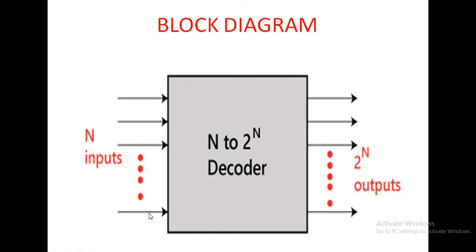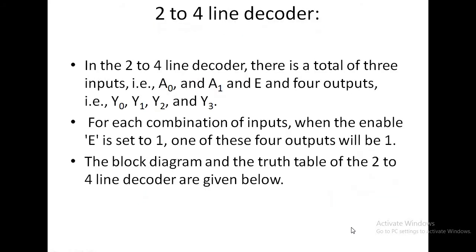N input lines and 2 to the power n output lines. So in the 2 to 4 decoder, A0 and A1 are the two input lines and E is the enable line. Y0, Y1, Y2, Y3 are the output lines. And we know that in a decoder at a time only one output is active.